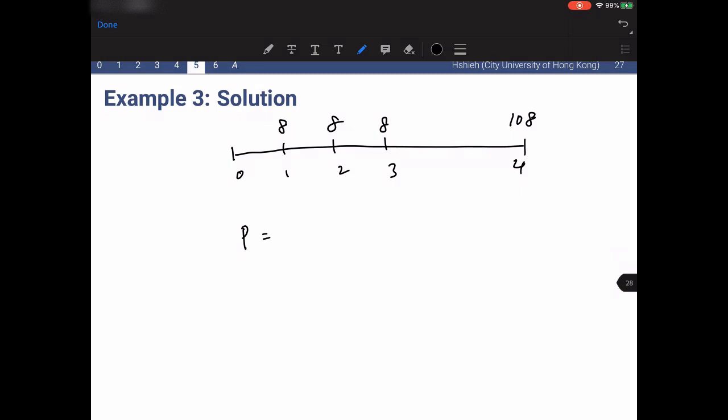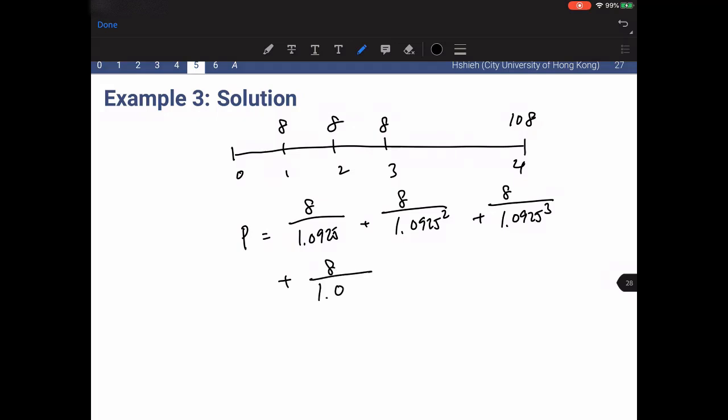So I'm going to write 8 divided by 1.0925, plus 8 divided by 1.0925 squared, plus 8 divided by 1.0925 cubed, plus 8 divided by 1.0925 to the 4th power.